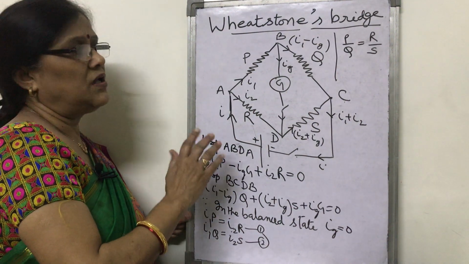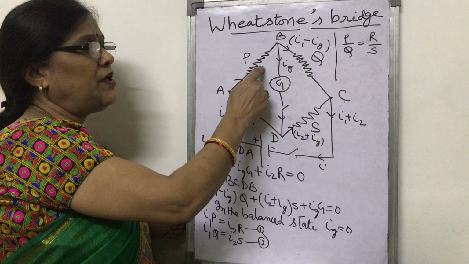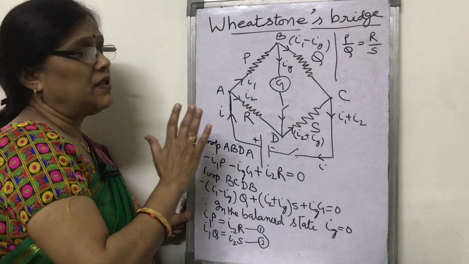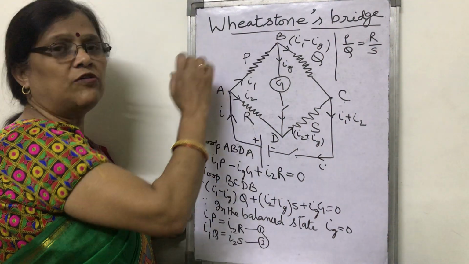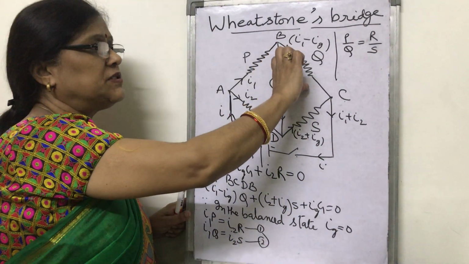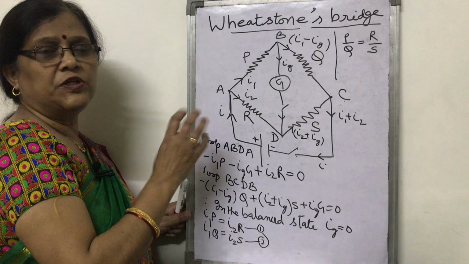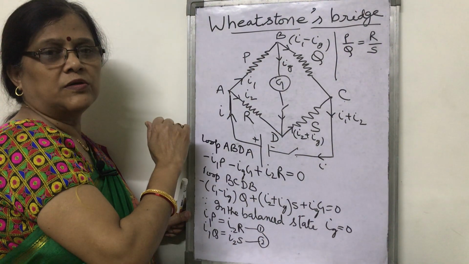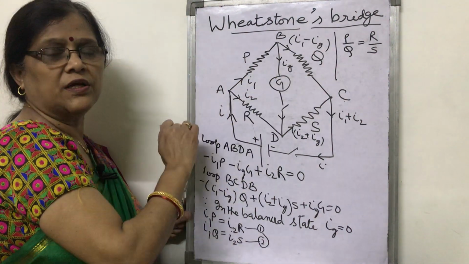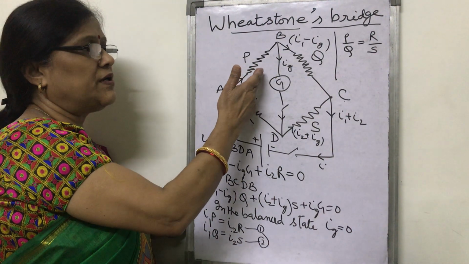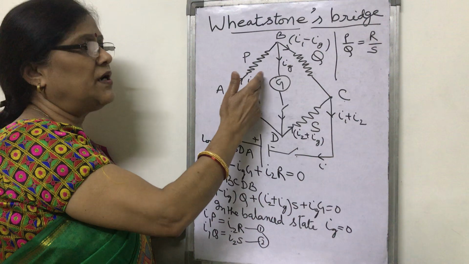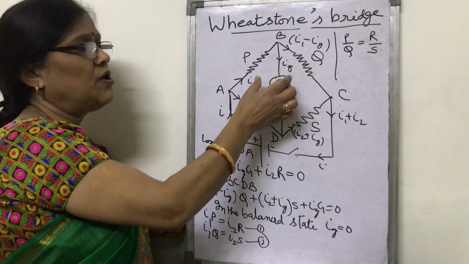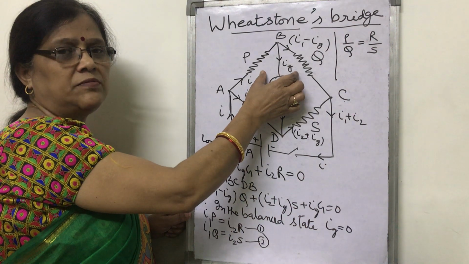You should learn that here P by Q is called the ratio arms. What does it mean? You don't know how much is the value of resistance P and how much is the value of resistance Q. Simply you know the ratio P by Q. Suppose this ratio is 2:3, then the resistances may be 20 and 30, 200 and 300, or any values. So P by Q is called the ratio arm.